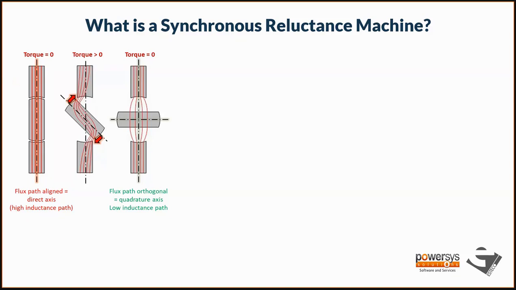And in the first image and the third image, the rotor position is directly aligned with the flux path and orthogonal to the flux path respectively. So these we will call direct axis when aligned and quadrature axis when it's orthogonal. And in both cases, there is no torque developed on the rotor piece.